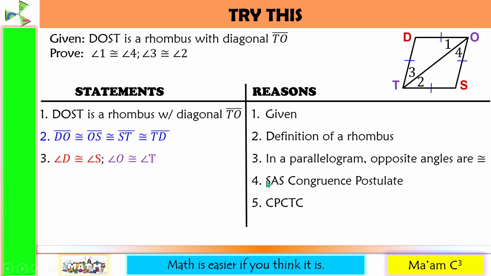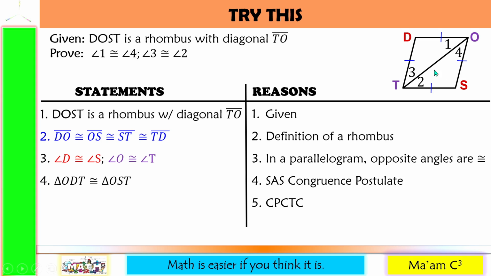Next reason, side, angle, side. So we just have to look for side, angle, side. We have proven that this angle is congruent with this angle. So meaning triangle ODT is congruent with triangle OST by the side, angle, side congruence postulate.